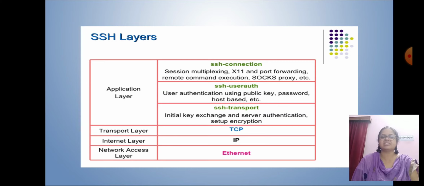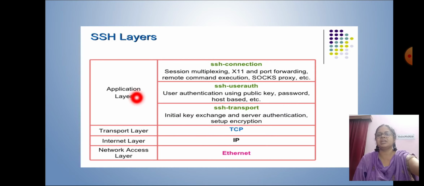These are the SSH layers: application layer, transport layer, internet layer, network access layer. In the network access layer, there is Ethernet. In the internet layer, Internet Protocol is used. In the transport layer, TCP is used.